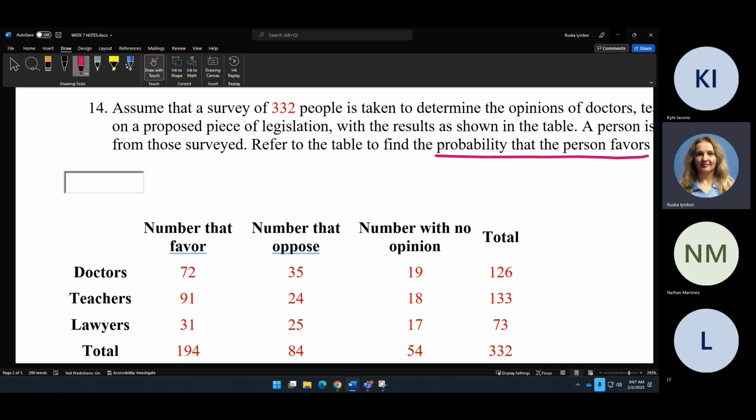We have the sums in the last row and the last column, and also the grand total here, which is the people surveyed. You got it? So, what is the probability a person favors the legislation? How many favor?